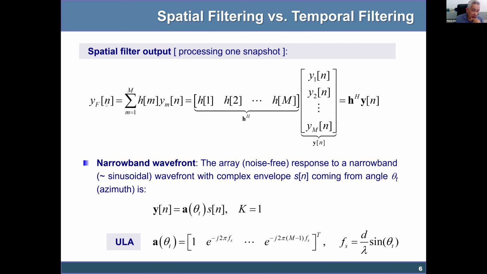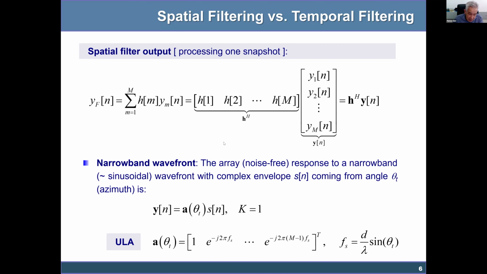So if at a given time we implement a linear FIR filter of order m that works in the spatial domain, so the summation, I repeat, is over the spatial dimension m, what can we gain? So what is the benefit that we can achieve?